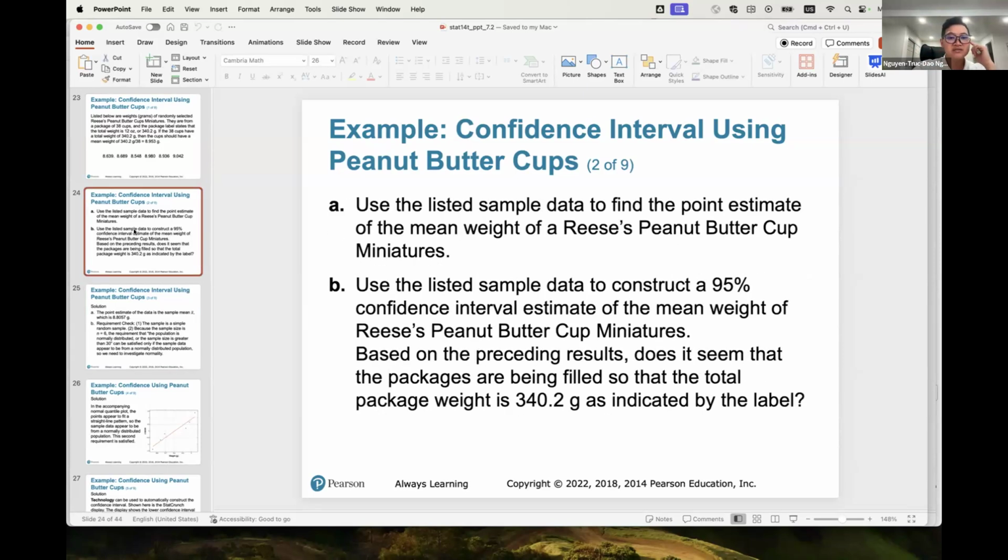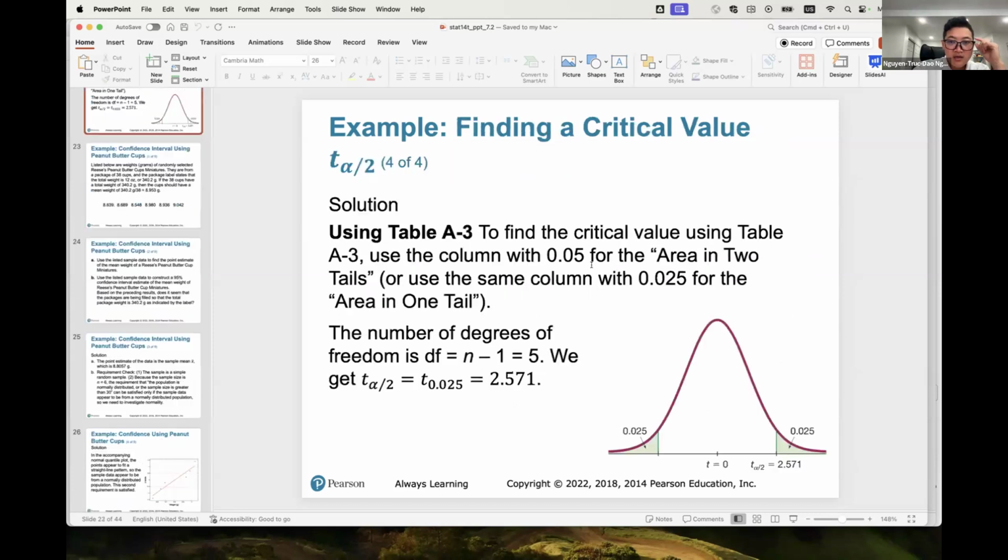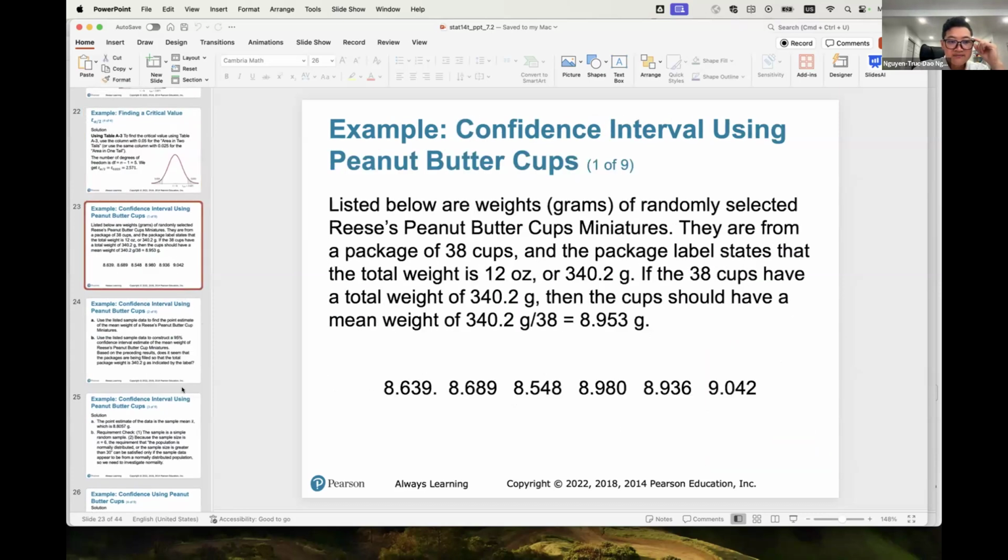That means in this case we need to find the sample mean. Do you agree with me? X bar. If you want to find the X bar, we already have it in the data. It is 8.8. You can find the sample mean here from this data.